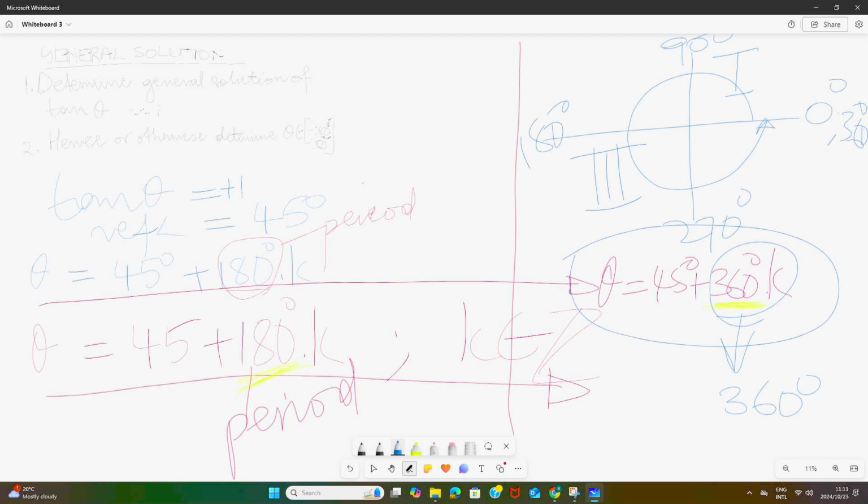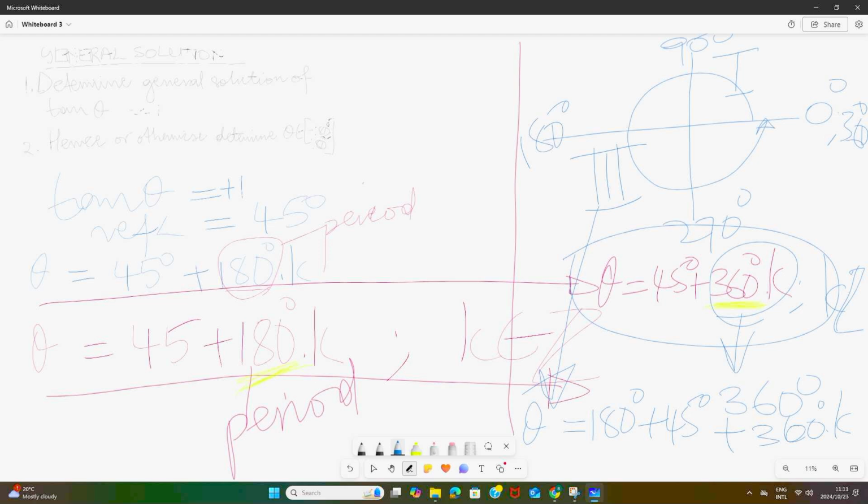You must also represent a solution in the third quadrant, of which it will be theta is equal to 180 plus 45 degrees plus 360 times k, where k is an element of integers, even here, because if you haven't mentioned that k is an element of integers, you won't get all the marks.